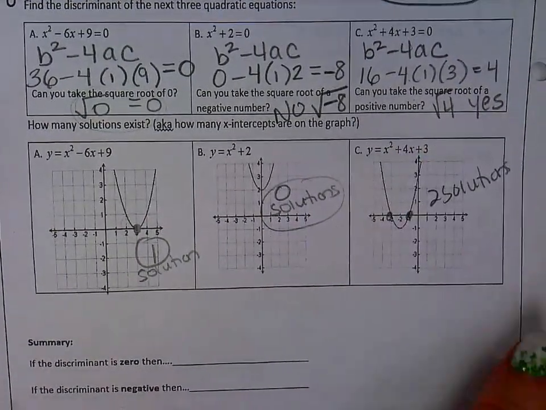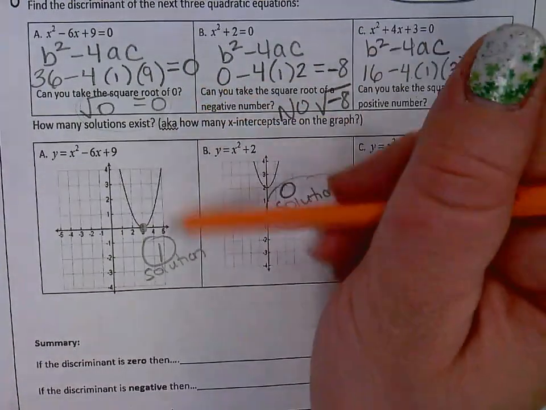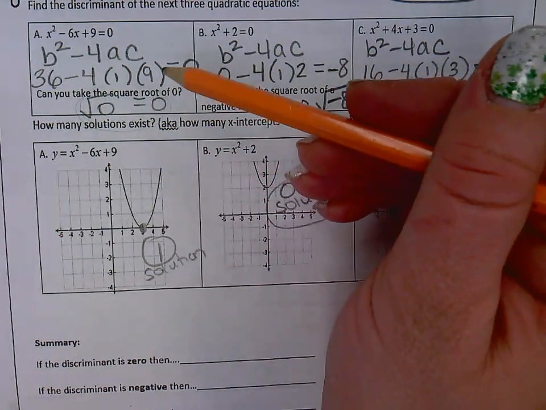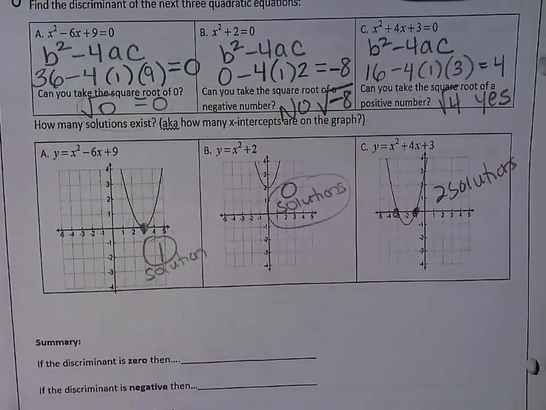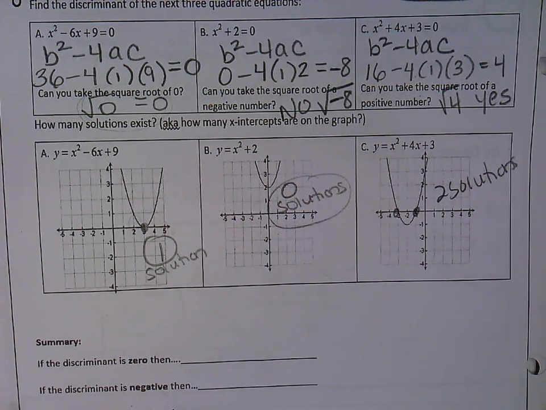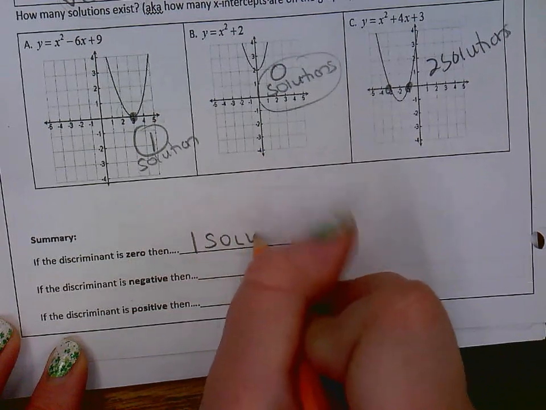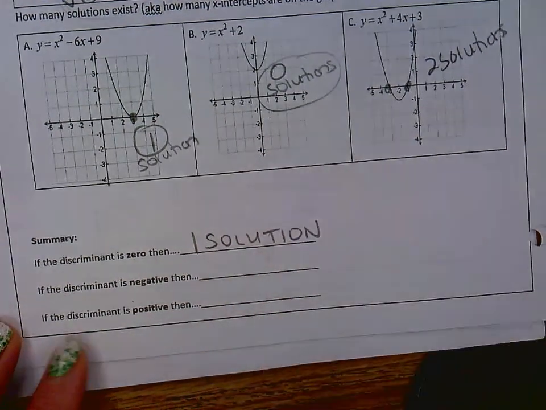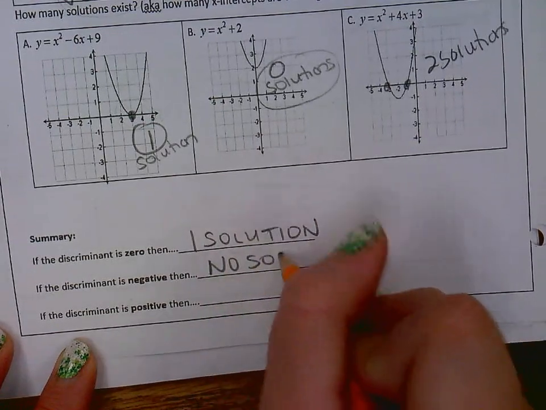So can we summarize this down below? If the discriminant comes out to 0, that's that first situation, right? The square root of 0 is 0, but plus or minus 0 gives me the same number. So that's why there is one solution. If the discriminant is negative, there will be no solution.